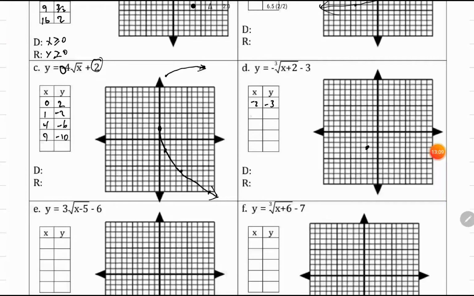I'm going to try negative 3 here, and negative 1. How you pick your cube roots is, remember, you're just using your cube powers.